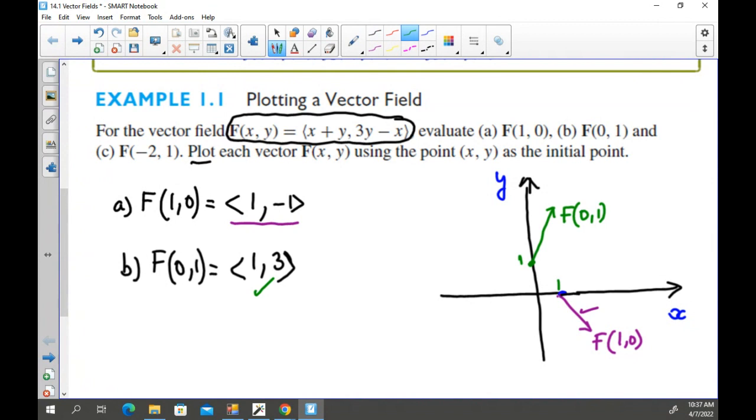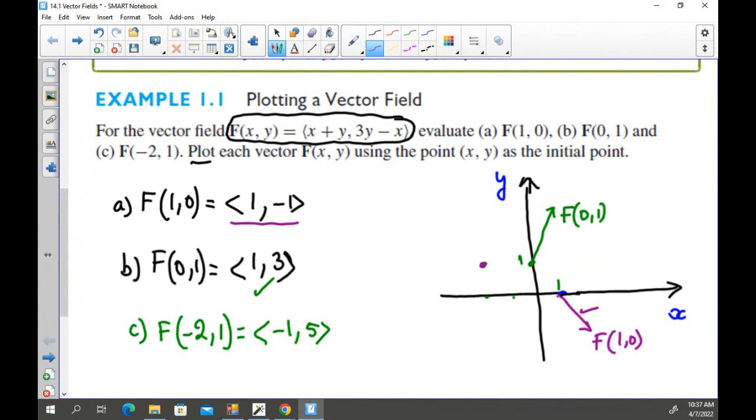And at the point minus 2, 1, if you substitute into the function, so yeah, minus 2, 1. So it's going to be minus 1, yeah, and 3 times 1, 5, yes, 5. So let me go to the point minus 2, 1, which is here.